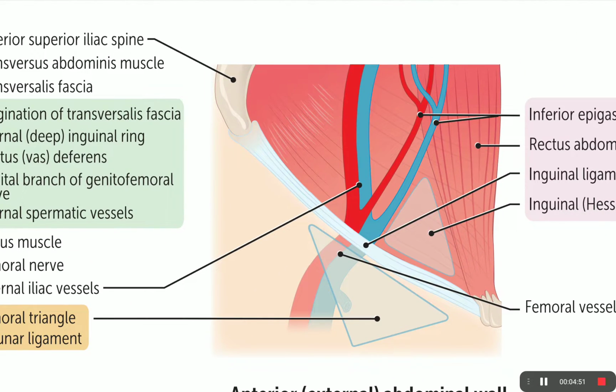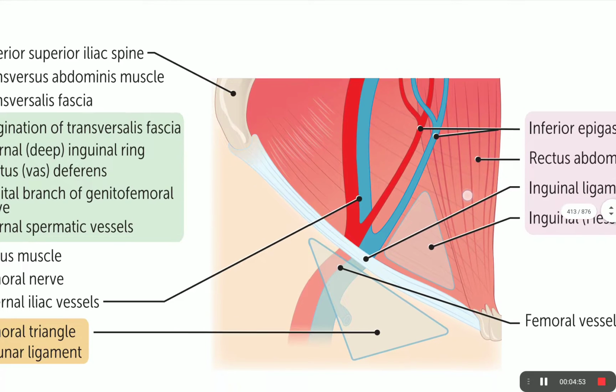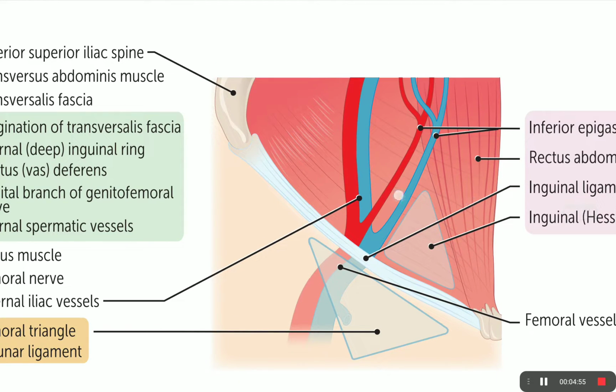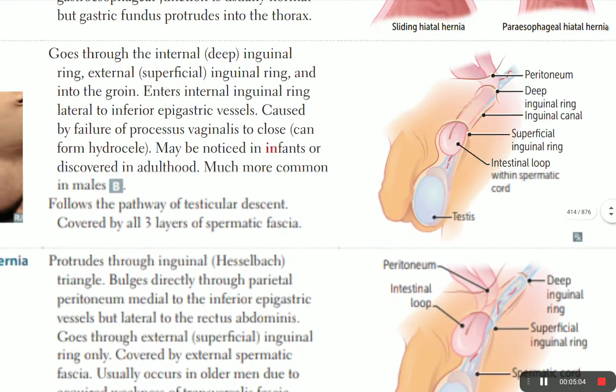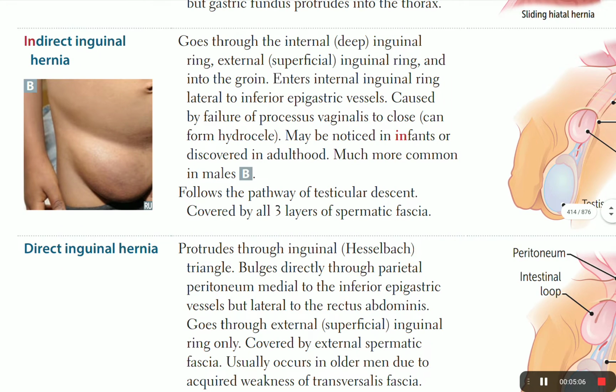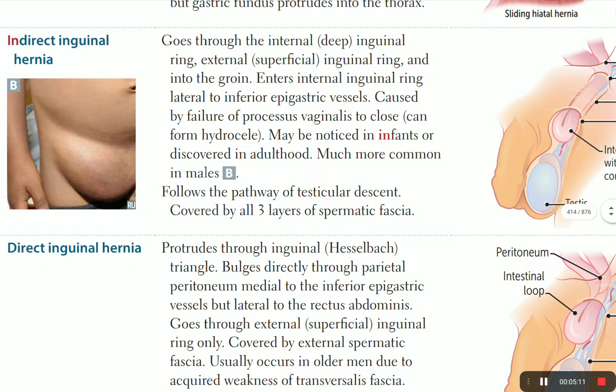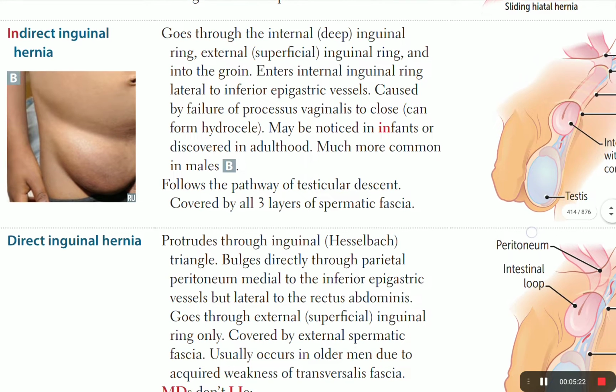Hesselbach triangle, as we said before, is bounded by the rectus abdominis, inferior epigastric artery, and the medial portion of the inguinal ligament. So let's go back. Indirect inguinal hernia, as we said, is the most common one, and it goes through the inguinal canal, through the internal deep inguinal ring, then to external inguinal ring, and into the groin.